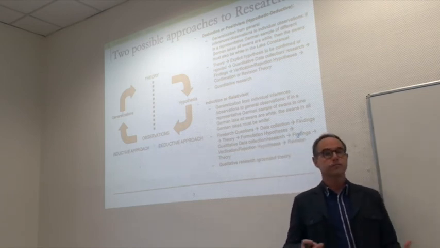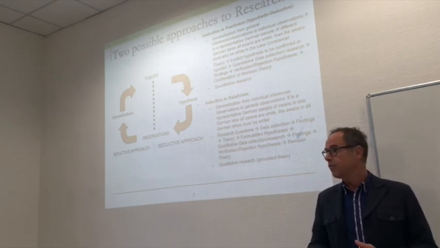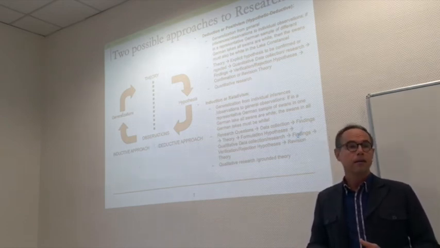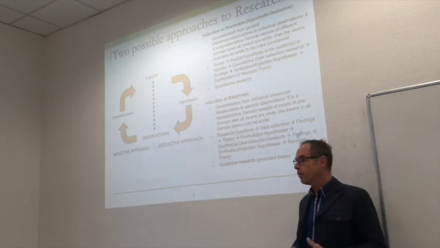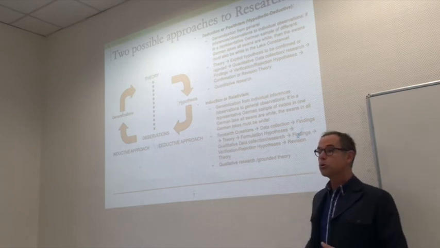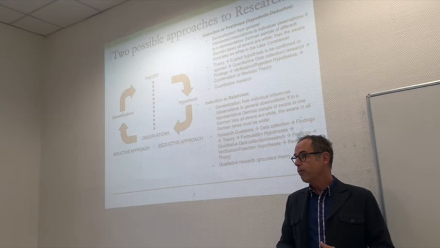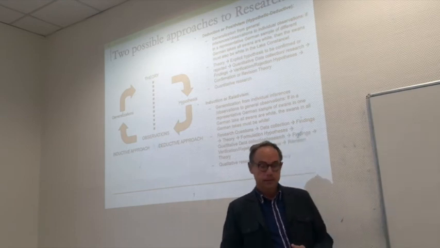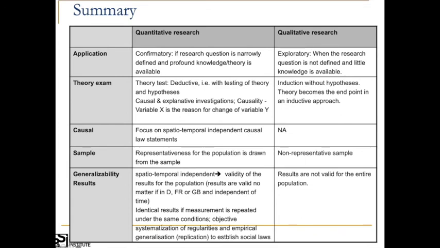For example, if in a representative German sample of different German lakes all swans are white, then the swans must also be white in the Lake of Constance. So we generalize from general inferences or observations from different lakes to an individual observation, that is the Lake of Constance. Which is not the case for qualitative research because the results are not valid for the entire population.